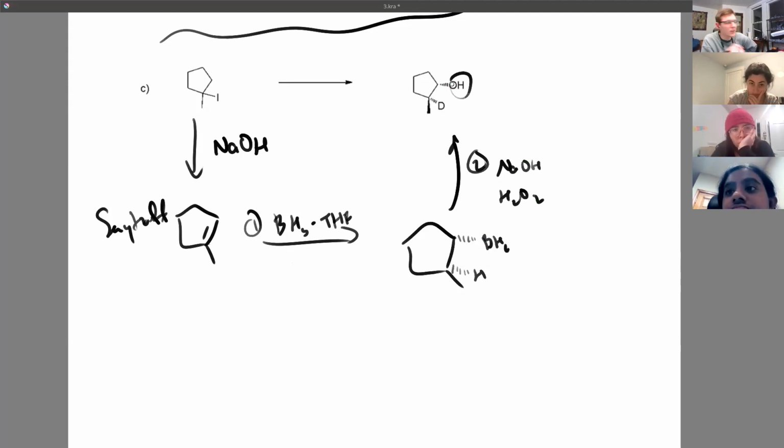Okay. Yeah, but this deuterium isn't there. So at what step should I have added the deuterium, or should you have added the deuterium? Is it in like the borane? Yeah, exactly. So instead of BH3, nobody's saying we can't write BD3, right?